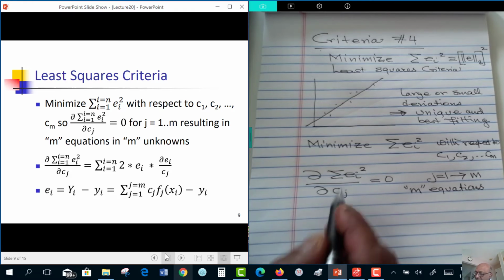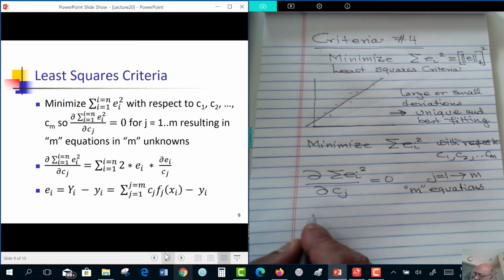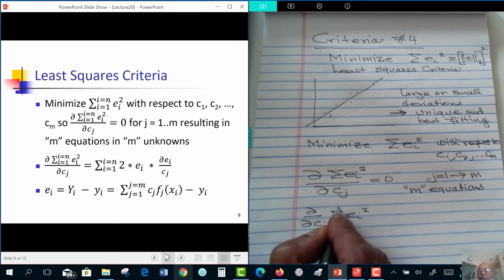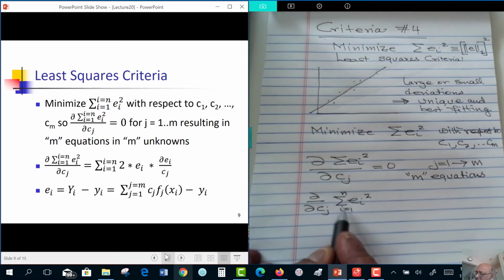right? So let's differentiate this. So when we differentiate, notice this i is just our point number, so it has nothing to do with unknown number. So we can move this derivative inside.